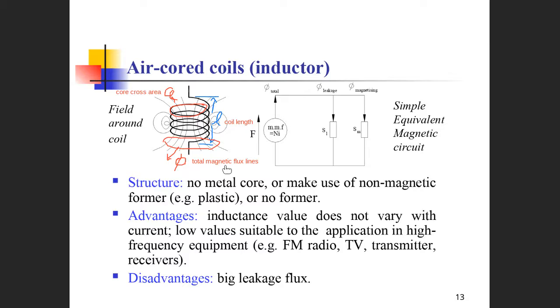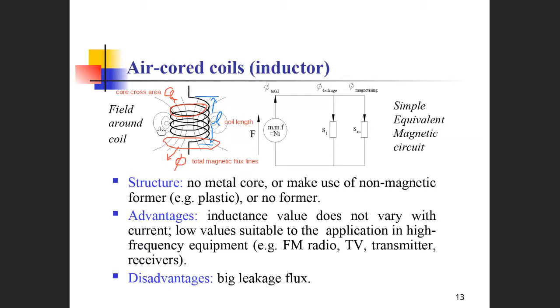So here we can use the concept of the equivalent path reluctance. We suppose the coil has an equivalent path reluctance. And we can see the flux has two parts. One is the flux inside the coils, which is for induction.